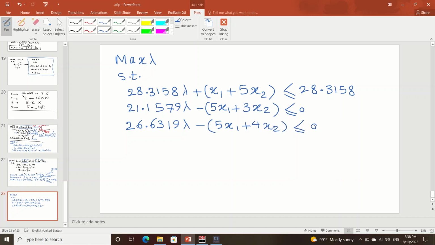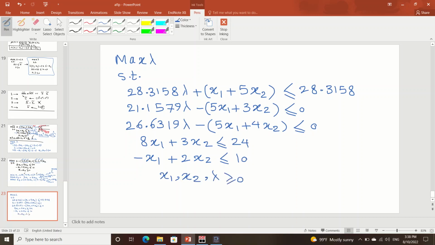Considering the main constraints, 8x1 plus 3x2 less than 24 and minus x1 plus 2x2 less than 10, x1, x2 and lambda are all non-negative.